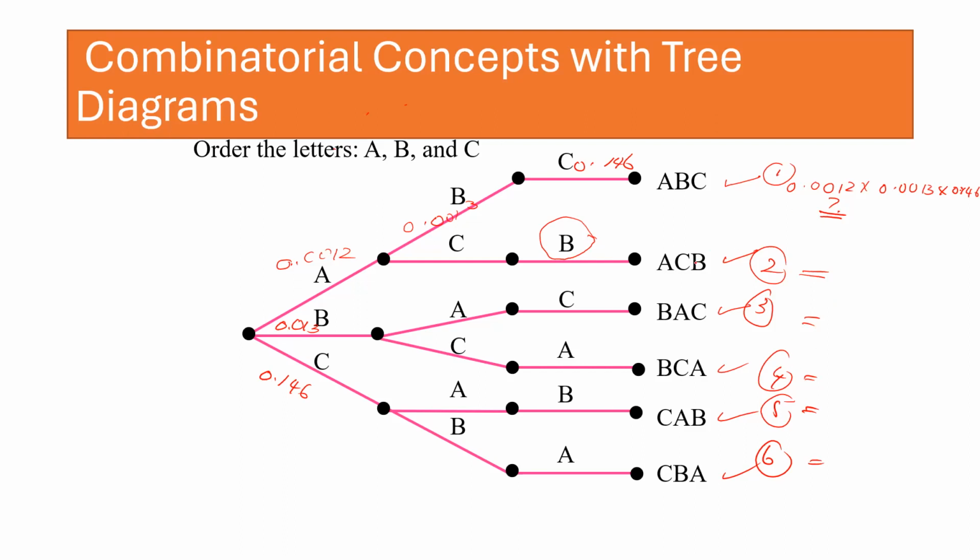But what I want to show you is that ABC, ACB, BAC are different ones. Can you remember I explained to you binomial, combinations and permutations? Likewise, you can see ABC, ACB, BAC are different ones, no?